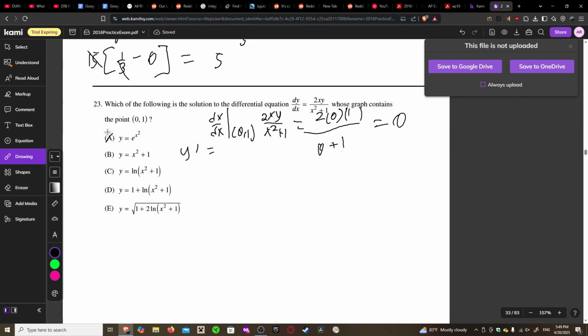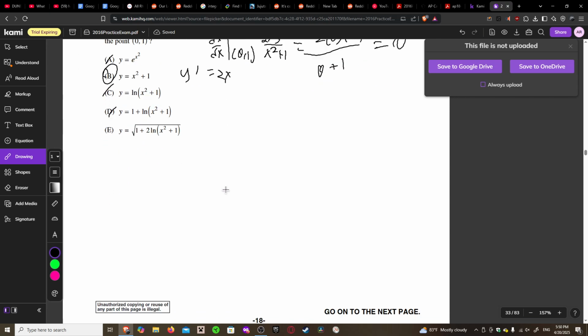Y prime is equal to 2x, so maybe ln 1, that's another one. Wait, no. No, that couldn't happen. I'm just going to say this one, because y prime 2x makes sense.